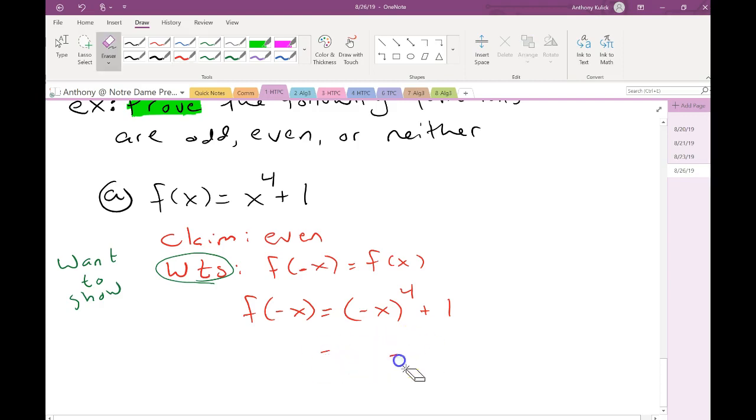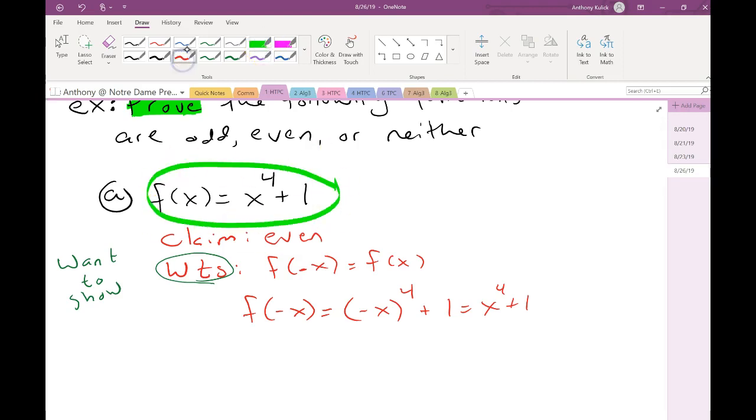Actually, let's do this in a line. That makes more sense in these problems. Everybody agree with that? And x to the fourth plus 1 is f of x. So what have we just shown?